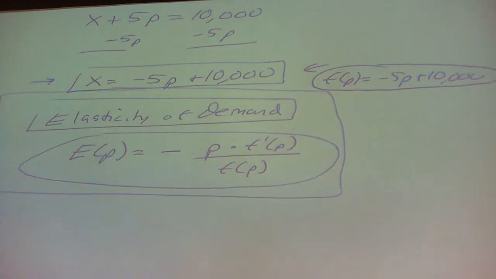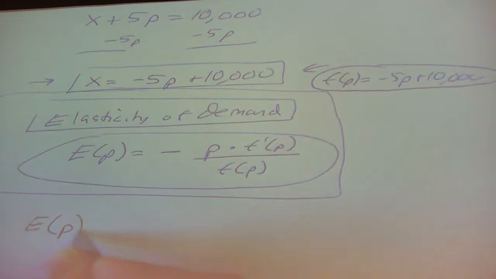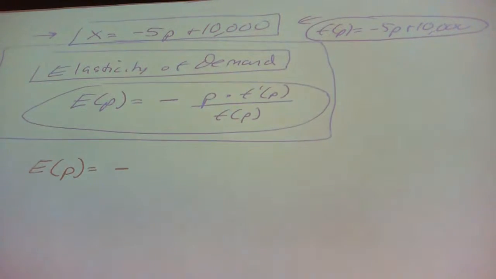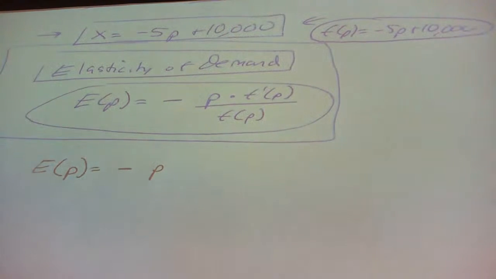We're going to go nice and slowly. We're going to find our elasticity of demand function, and then we're going to start plugging some numbers in. When we start plugging numbers in, we're going to interpret what that means. So, super slowly. To find your elasticity with respect to price, where does the formula begin? It begins with a negative. Don't forget that negative. If you don't have a negative, everything gets mixed up. Then, P is simply P for price.